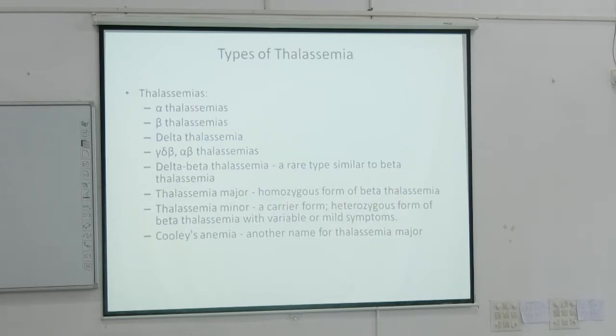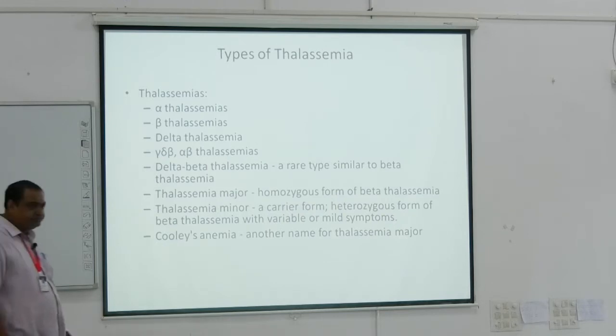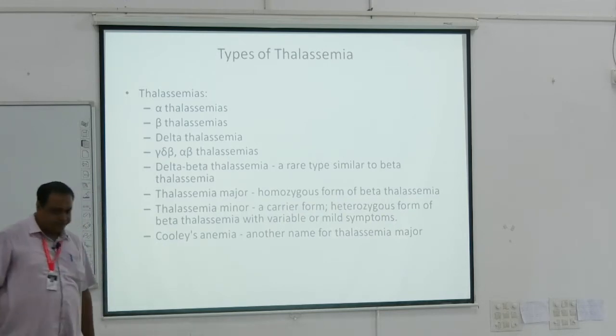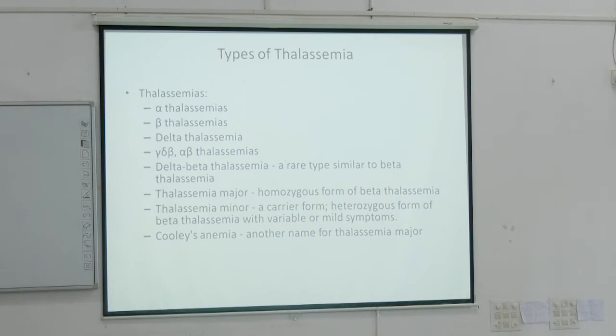Now, types of thalassemia. Write it down. If you go through any medicine book, it will be very long. It's a big chapter. So what are the different types? First, the major types: alpha thalassemia, beta thalassemia. Next comes delta.